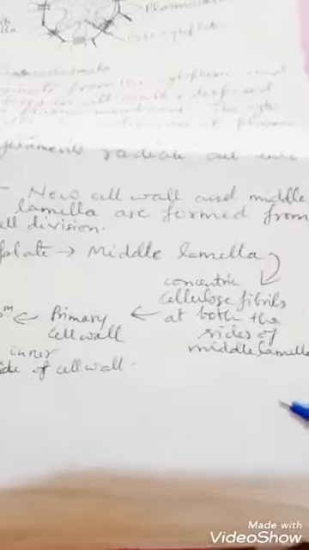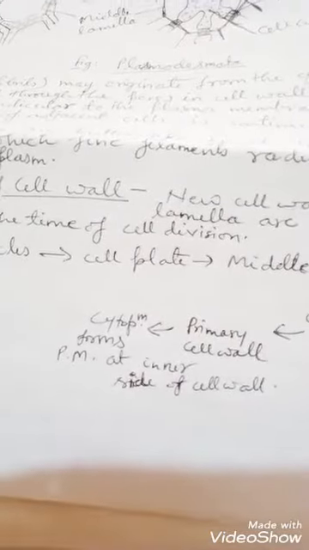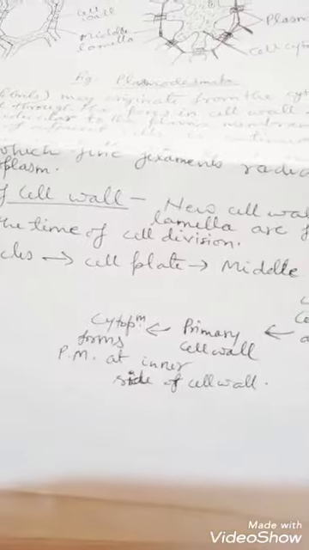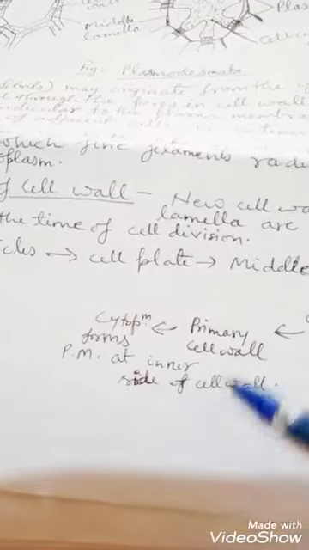This forms the middle lamella, and in turn, concentric cellulose fibrils on both sides of the middle lamella are formed, and this results in the primary cell wall. After this, the cytoplasm forms the plasma membrane on the inner side of the cell wall.